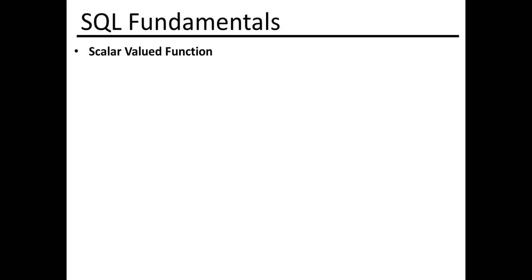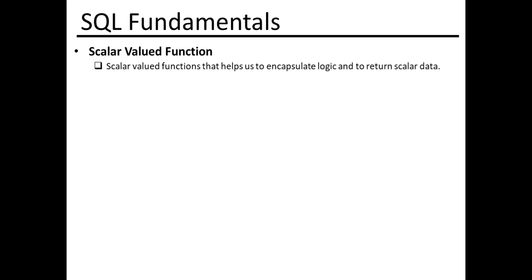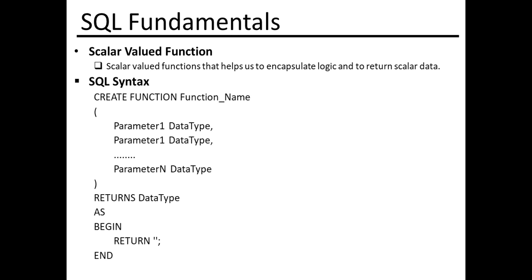Now, scalar valued function. A scalar valued function helps us to encapsulate logic and to return scalar data. SQL syntax: first create function and function name, then parameter, then returns and its data type, as begin, and then return.